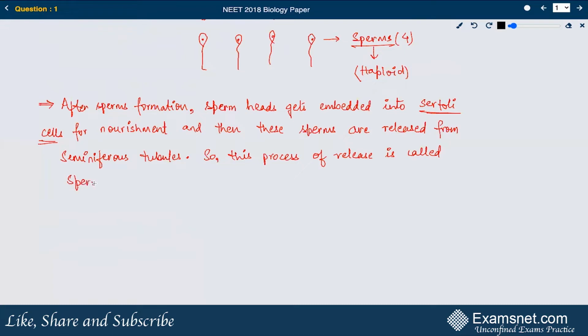All right. So there is a difference between the process of spermiogenesis and spermiation.